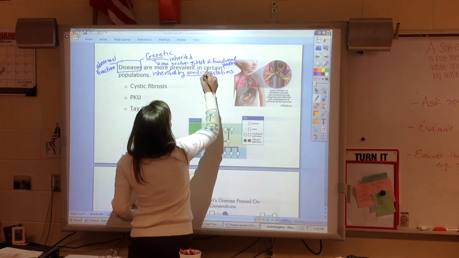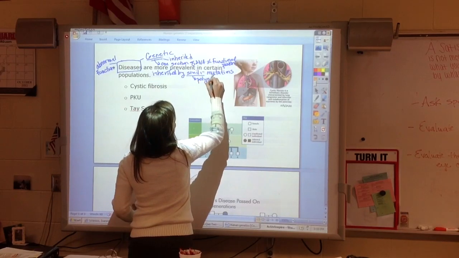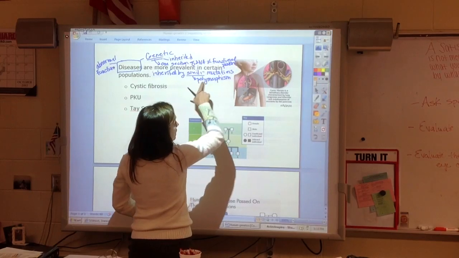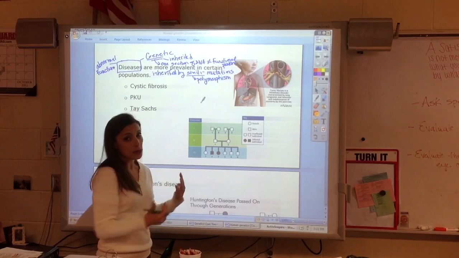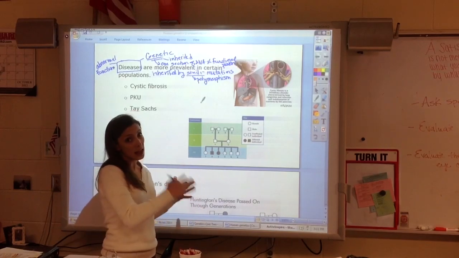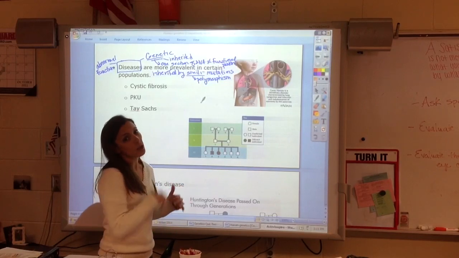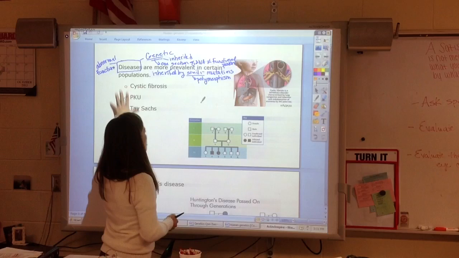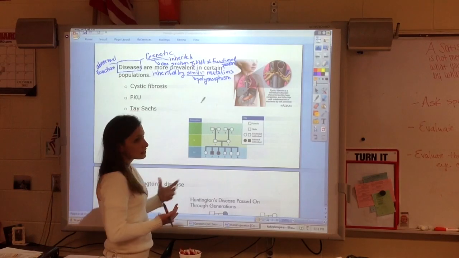But sometimes there's what's called a polymorphism. And that's where many shapes of the gene can happen. So maybe one person's changed from AAA to ATA. Maybe someone else has changed to ACA. So this polymorphic idea is that there are actually very many ways to get cystic fibrosis, PKU, Tay-Sachs.